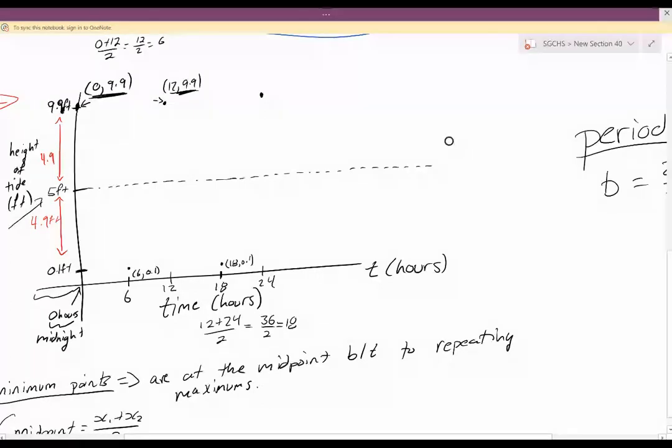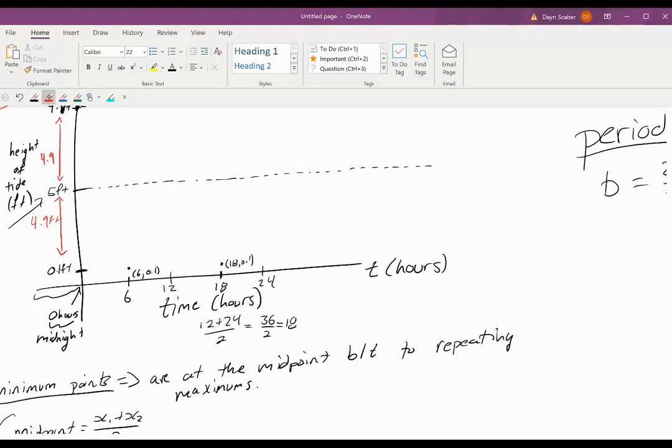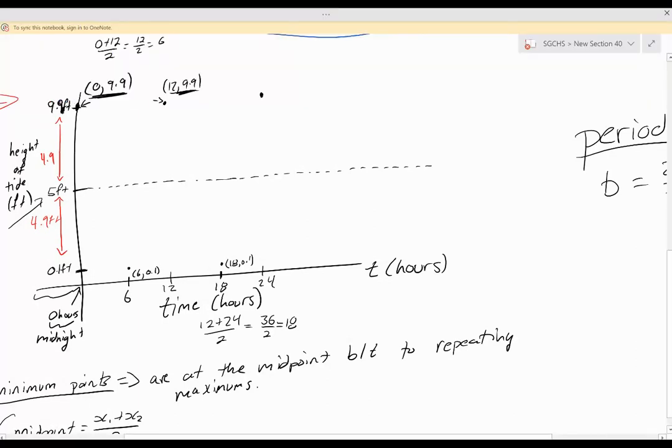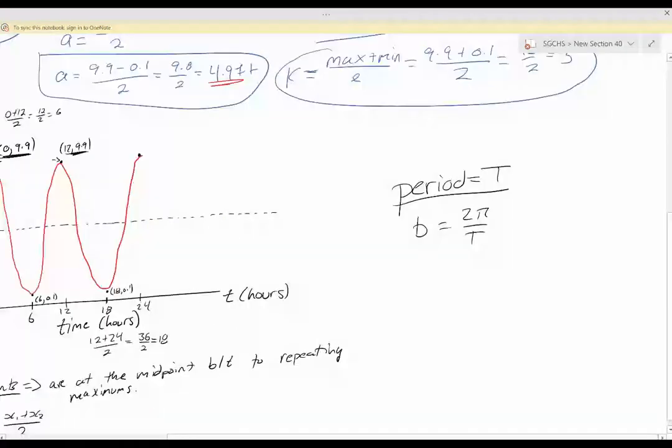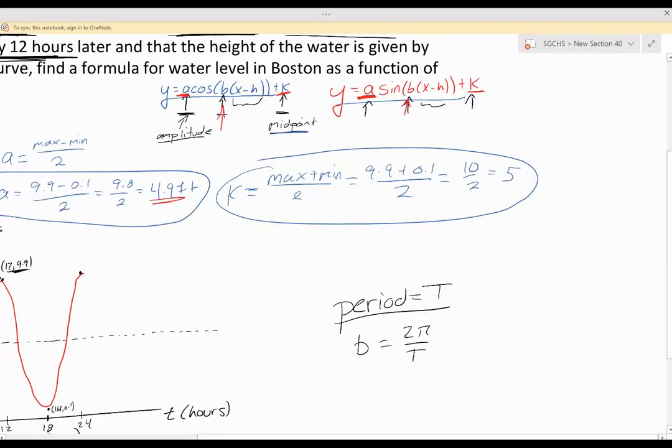Now at this point, whenever you have your maximum and your minimum values, you can roughly form the equation. So we're going to go down, go up, and repeat this process. So now you can see that we're starting to form a nice cos or a sine function. Now we have A, we have K. How do we determine what B is?